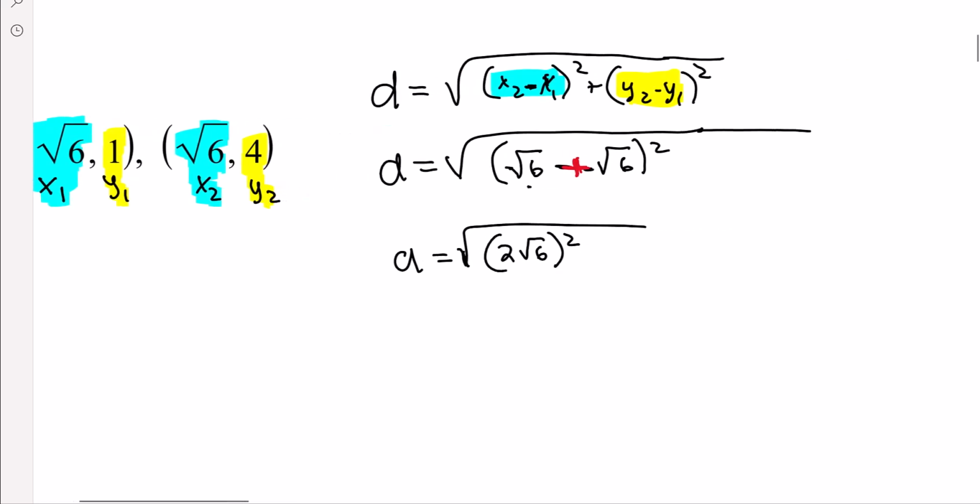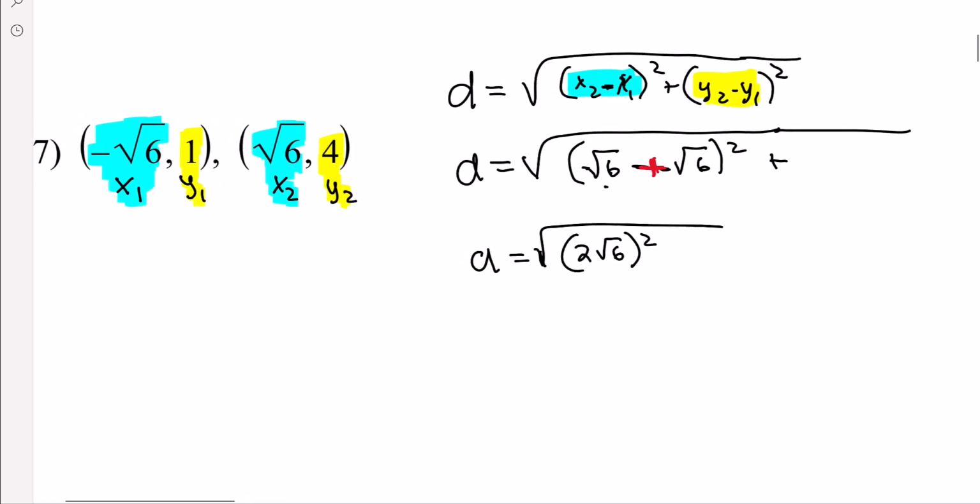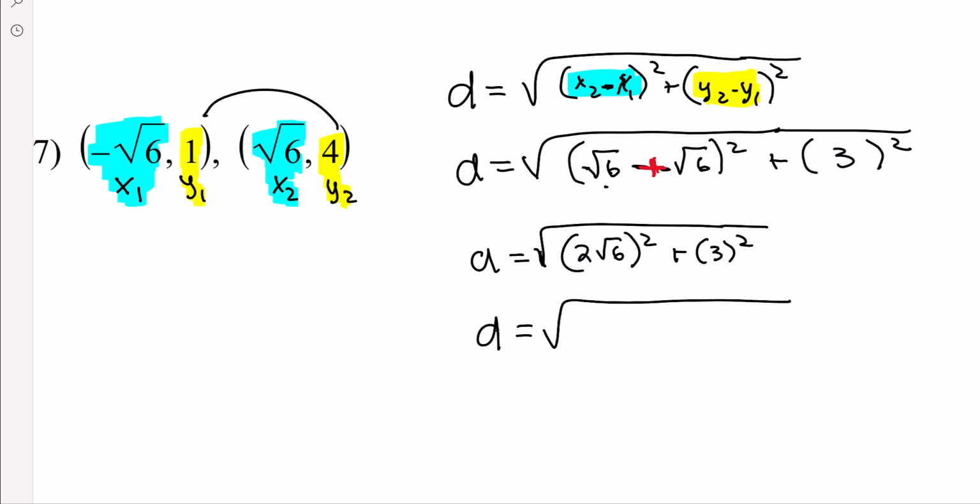All right, we're going to keep going. And now, for our y's, 4 subtract 1 is 3. Now this is where you're going to have to be very careful. 2 squared is 4. Root 6 times root 6 is 6. 4 times 6 is 24. 3 squared is 9.